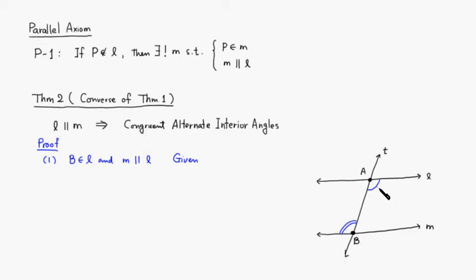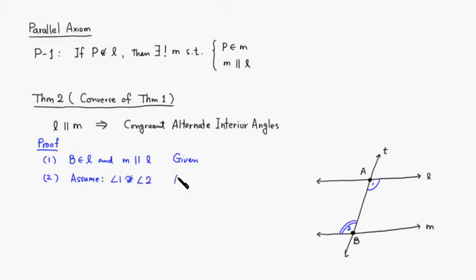So I'm going to just number it. So this is again angle 1 and angle 2, right? Let's assume that they're not congruent. For the sake of argument, we're going to assume that angle 1 is not congruent to angle 2, right?